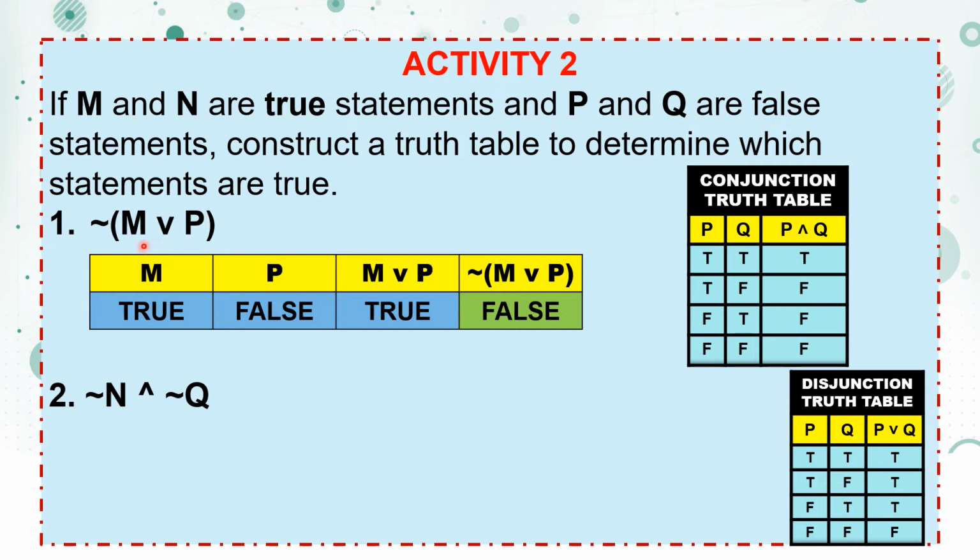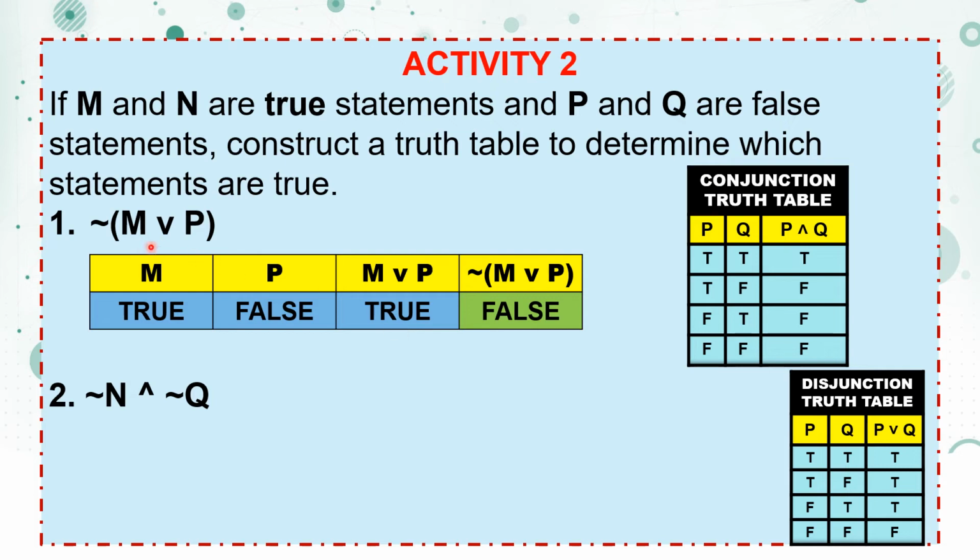So, the truth value of M or P is true. Bakit true? Paano nakuha yung true? Kasi nga, yung M natin is true at yung P natin ay false. So, from the disjunction truth table, hanapin natin yung TF. At mapapansin ninyo dito, ang kanyang truth value is true.